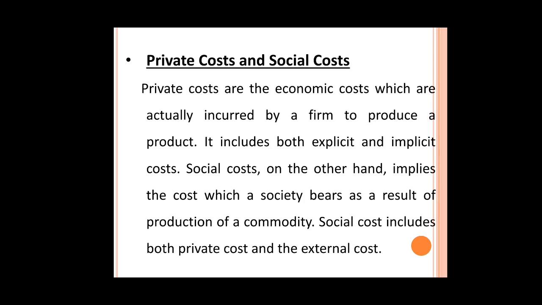Now, coming to private costs and social costs. Dear students, it is important to note the distinction made by economists between private cost and social cost. The sum of explicit and implicit costs incurred by a firm to produce a given amount of output constitutes its private costs.